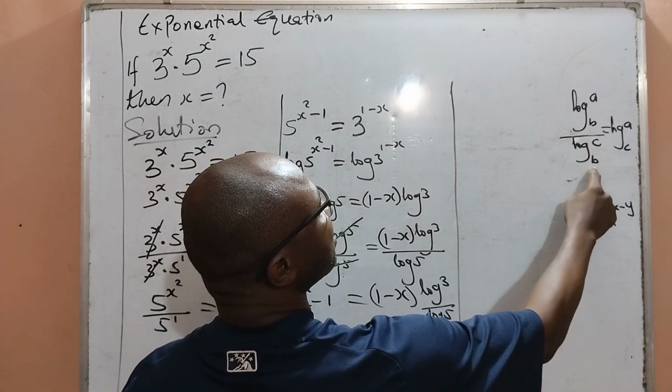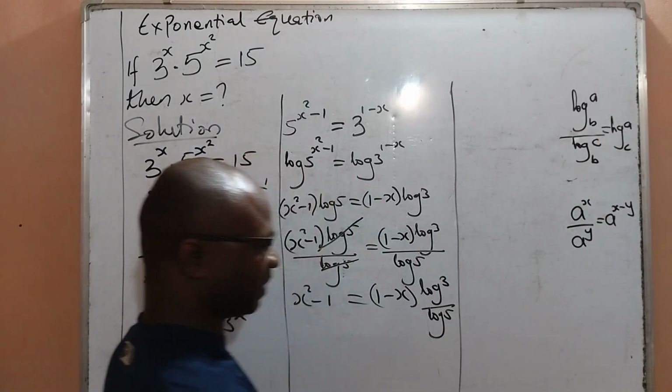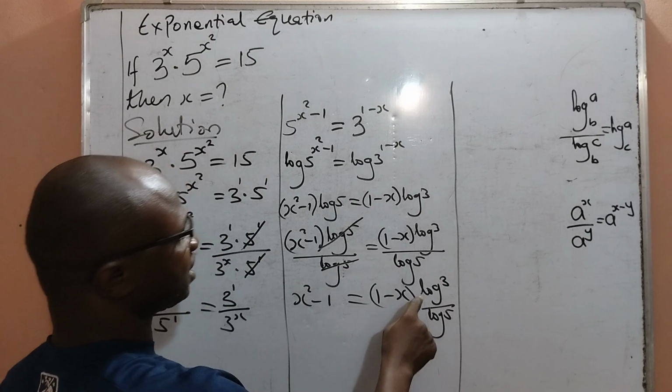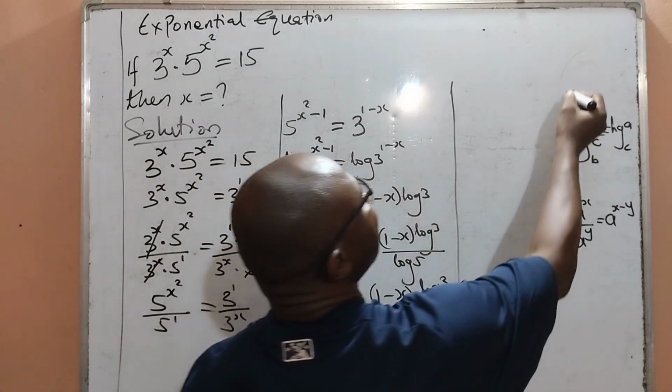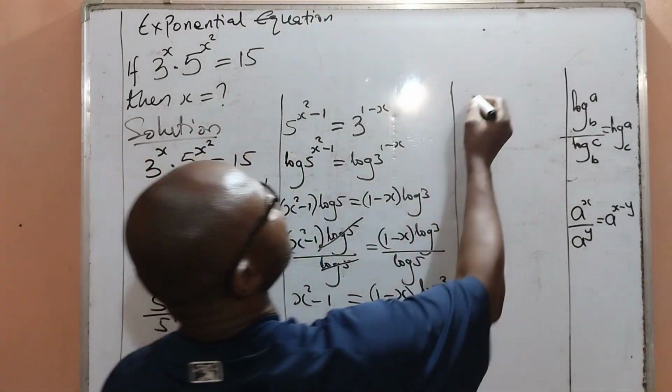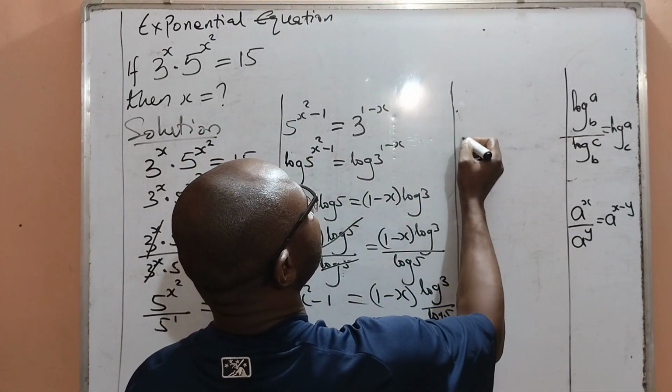When the bases are the same, we can have a change of base in the logarithms. This is log 3 base 10, log 5 base 10. So we can change it to write it now as, from here, x. Let's break it down a bit.